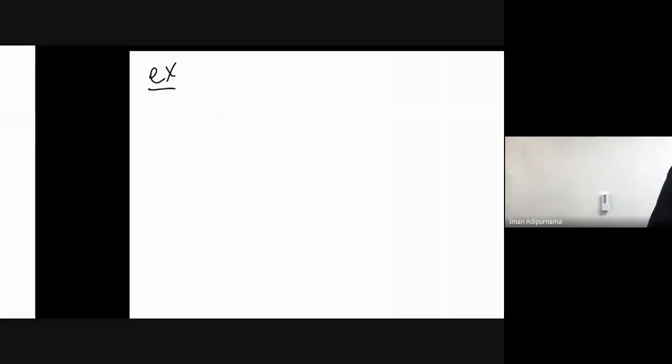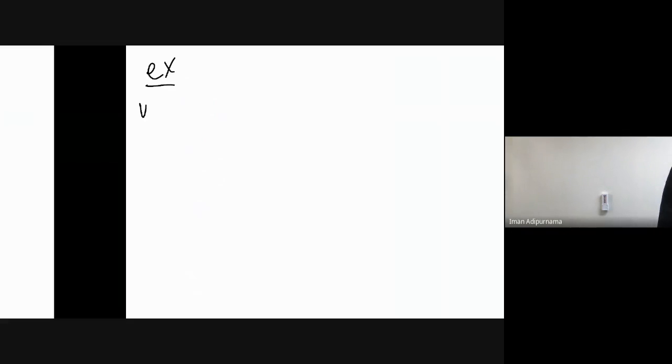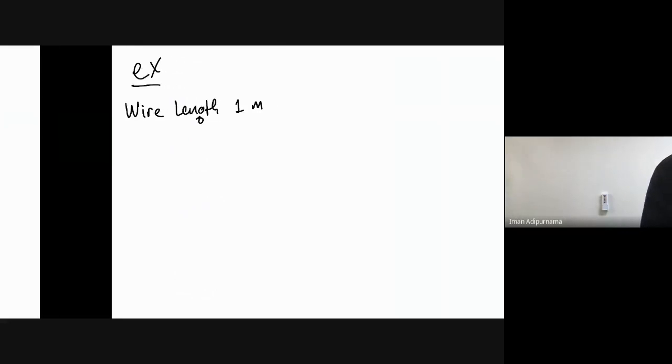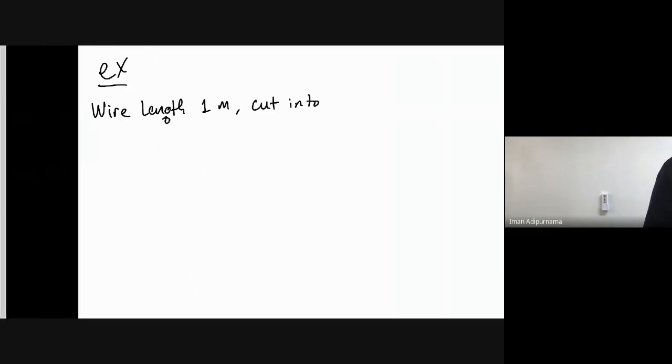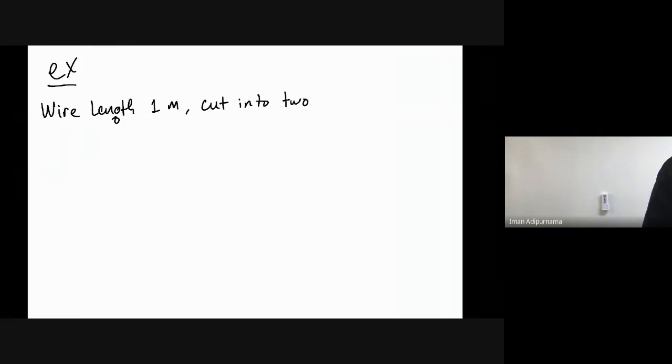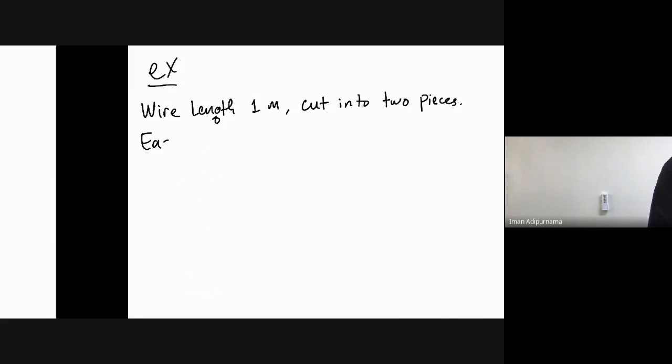Another example: a wire of length 1 meter is cut into 2 pieces. Each piece encloses a square.